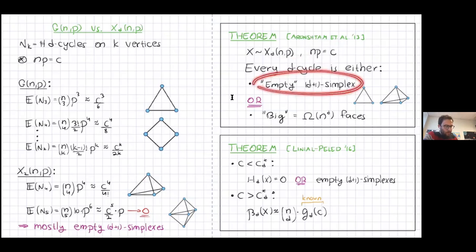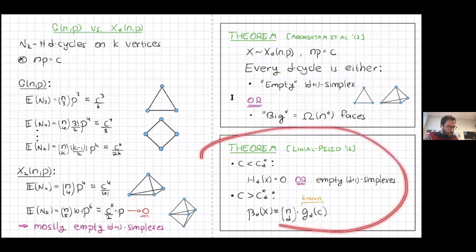Either it's an empty D+1 simplex. So if you have a 1-cycle, it will look like that. If you have a 2-cycle, it will look like an empty tetrahedron and so on. Or it's very big. It has order n to the D faces in it. But there's nothing in between. There's not going to be a D-cycle on 10 vertices.